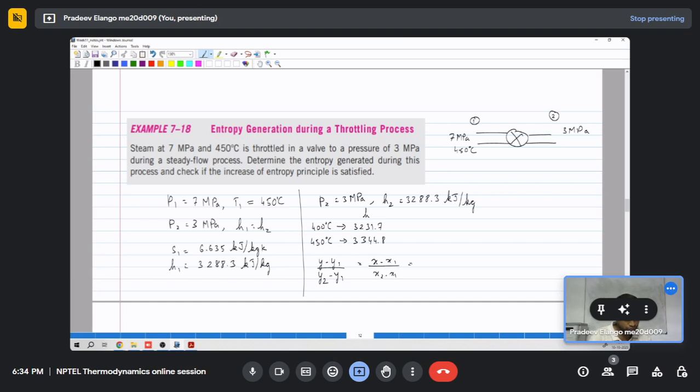Here we can assume x as enthalpy and y as temperature. So then we will have T minus 400 divided by 450 minus 400 is equal to, where x is enthalpy, the required x is 3288.3 minus 3231.7 divided by 3344.8 minus 3231.7.